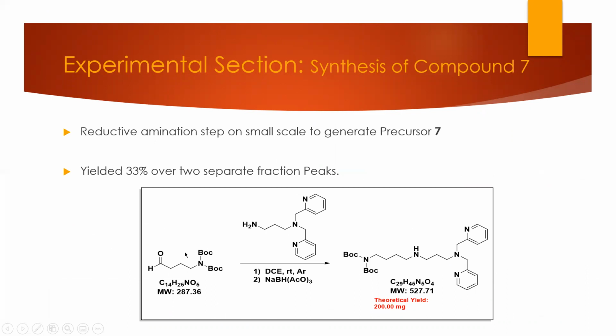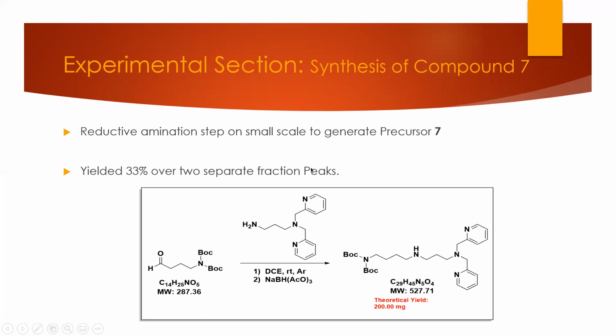They can be reversed with water, so removal of water is one of the main driving forces of these reactions, and maintaining anhydrous conditions while also selectively reducing the imine over the aldehyde often creates low yields. So with this test reaction, we were able to yield 33%.